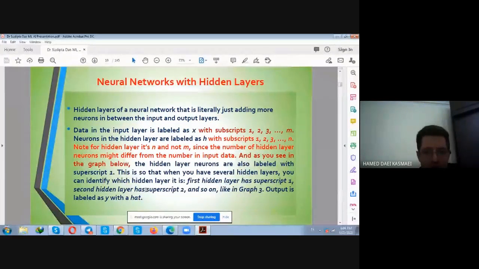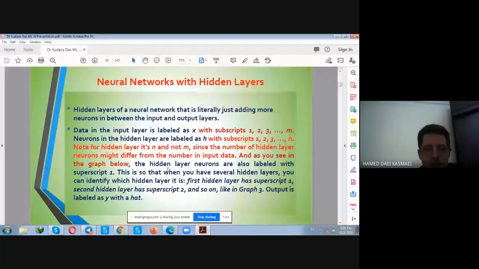This is so that when you have several hidden layers, you can identify which hidden layer it is. The first hidden layer has superscript 1, the second layer has superscript 2, and so on. And as you can see in the graph, the output is labeled as Y hat, as I told you before.